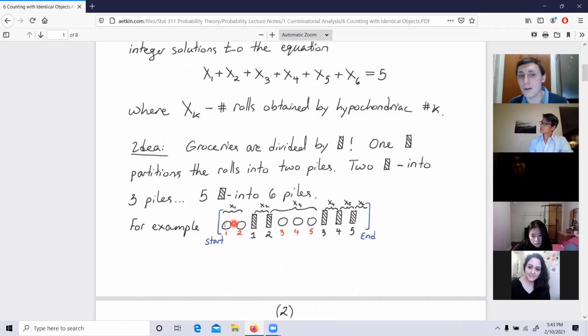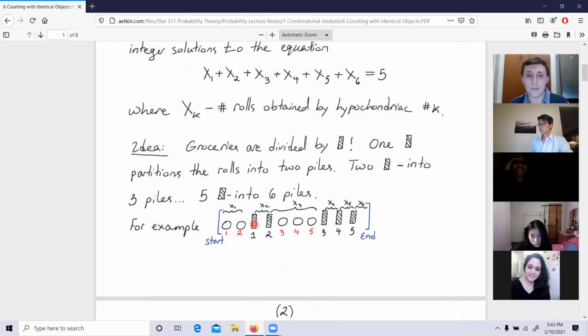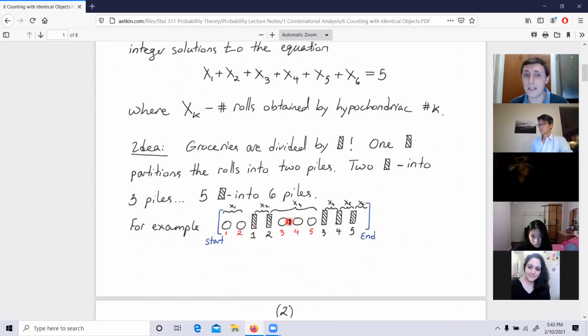Before the first divider, those are the toilet paper rolls attained by hypochondriac number 1. Then between divider 1 and divider 2, there is nothing, which means hypochondriac number 2 was not lucky, right? And so on. You understand the idea, guys?